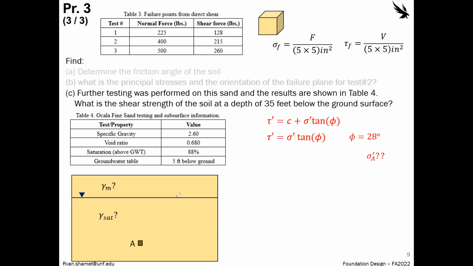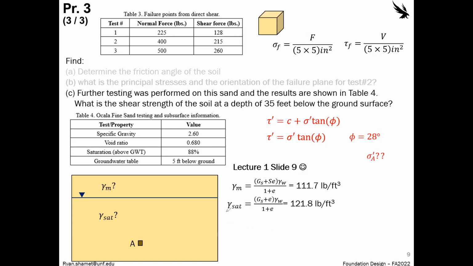And then we're just going to assume that it is fully saturated under the groundwater table. So what you need to do is go all the way back to lecture 1 or back to your Geotech 1 and find the relationships given the specific gravity, the void ratio, and the degree of saturation to find the moist unit weight. So you should have a value of about 112 or 111.7 pounds per cubic foot.